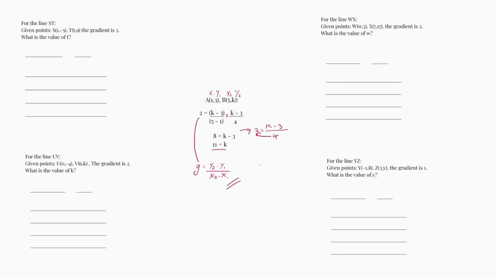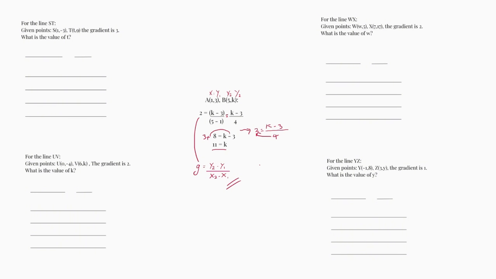Now it's looking like a normal question. So we have 8 equals k minus 3. And to find out what k is, we take our minus 3 over and it becomes a plus. So k equals 11. Now that might be a little bit confusing to people that have never done it before. So I've got 4 examples and we'll go through them all.